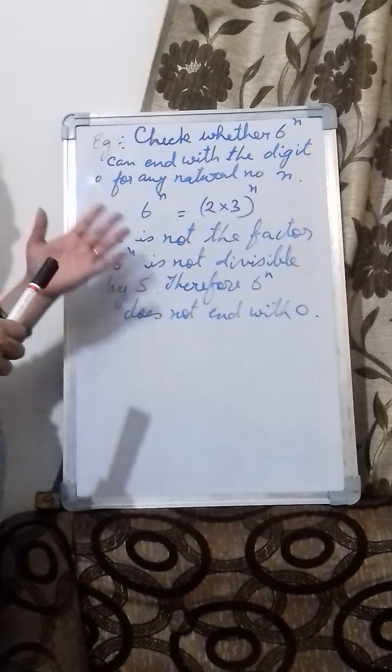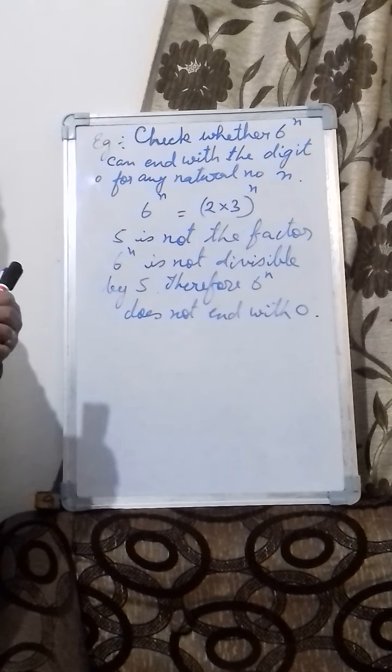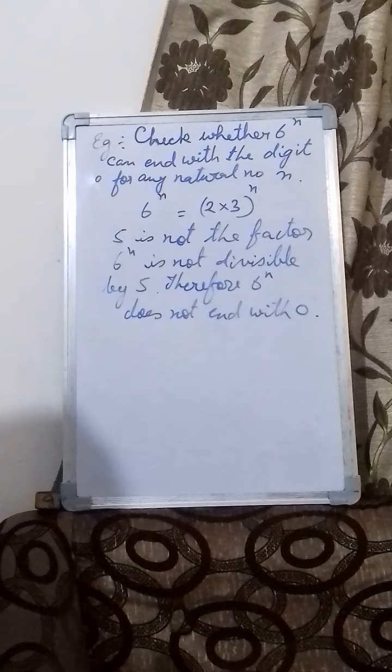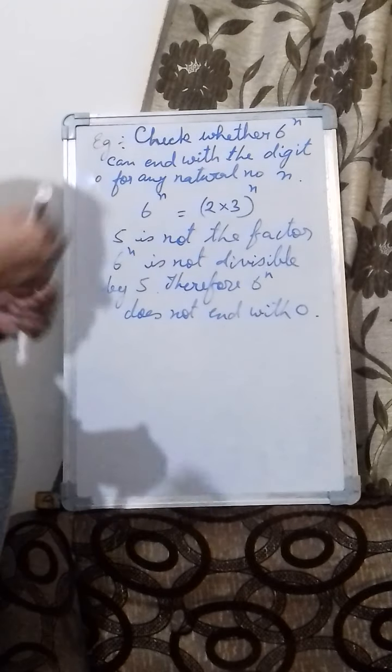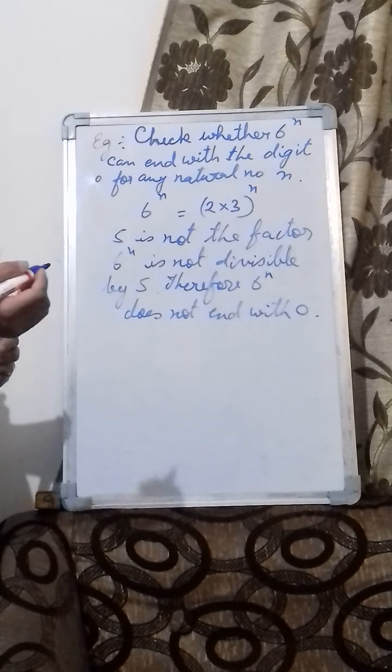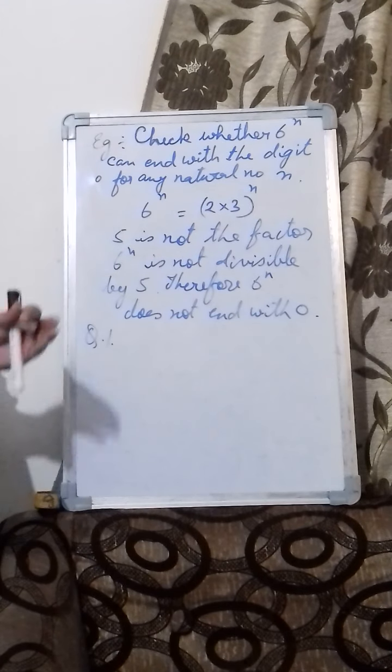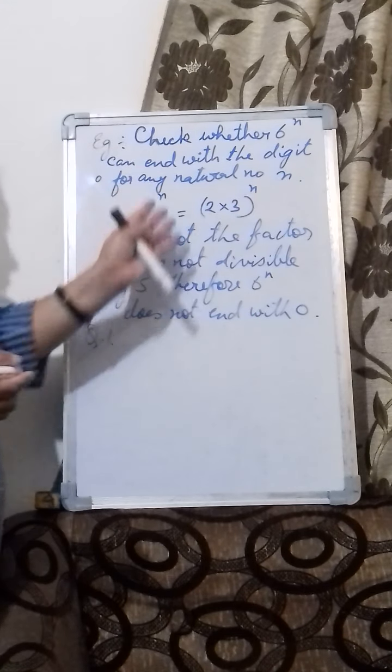Hope you all have understood the question. So you can practice the questions based on this. I am giving you some questions to do. Any question of this type, you can do it in this way.